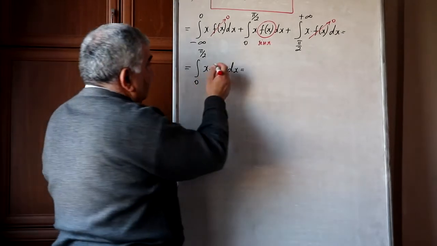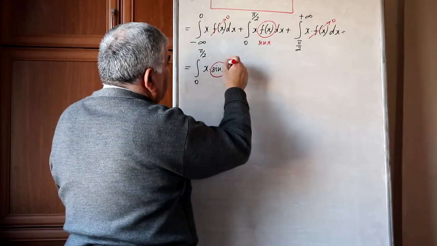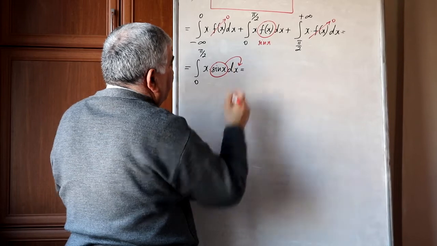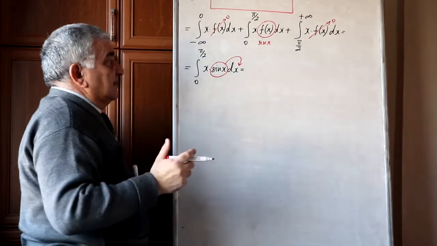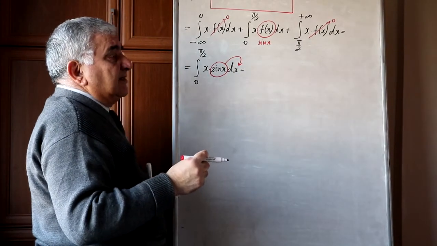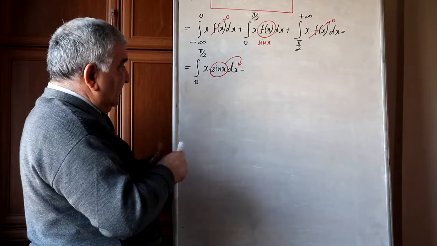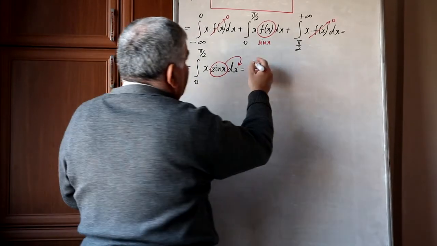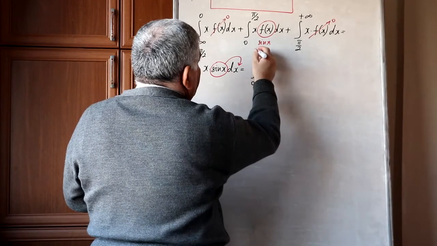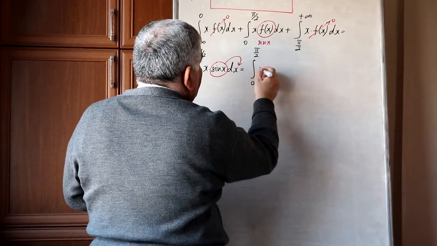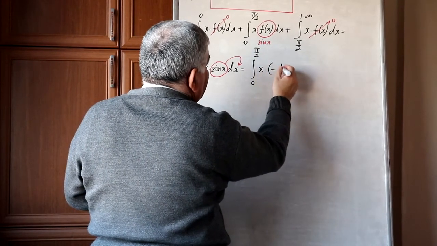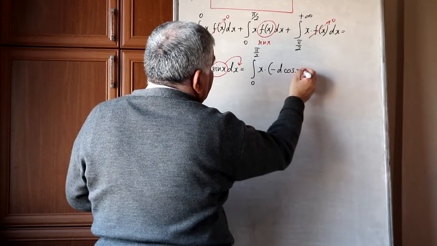And you know that sine x dx is minus d cosine x. Integral from 0 to pi in half of x multiplied by minus d cosine x.